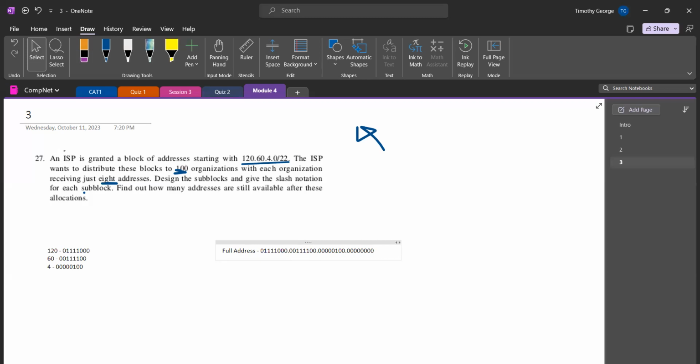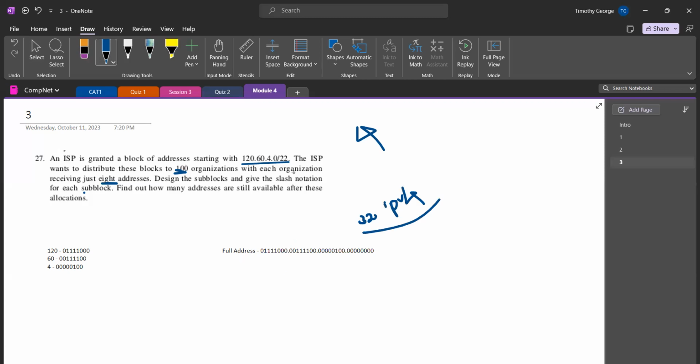Okay, so this is the full address. You should have a total of 32 bits. Why 32? Because it's IPv4.